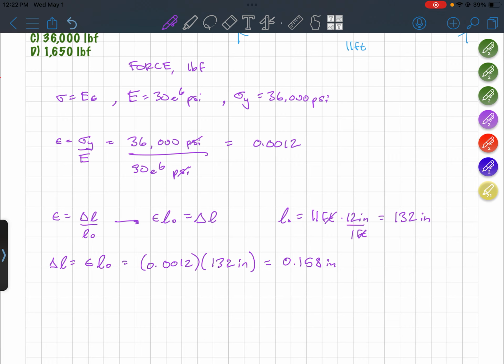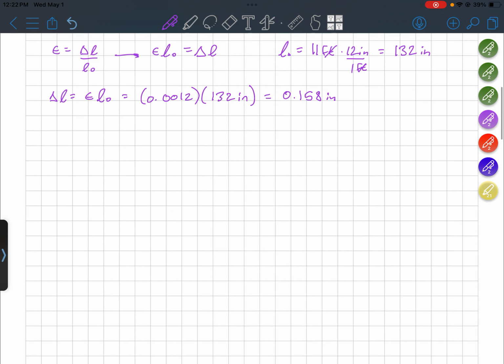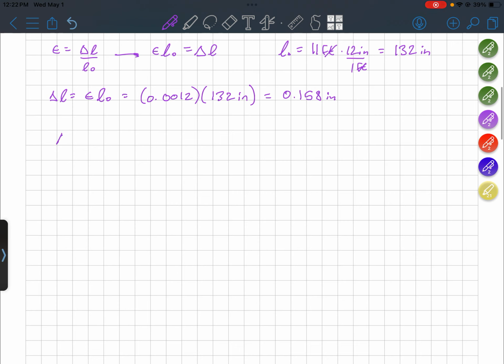Okay, now critical to this problem, I think, is the fact that change in length is equal to elongation. So I'm going to write my elongation formula, which we've seen a bunch of times, PL over AE, and I'm going to rewrite it in terms of P sub y, which is my force at the yield point.